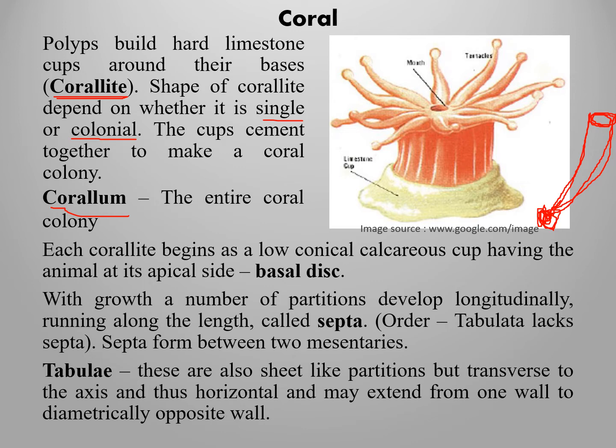These longitudinal calcareous partitions are known as septa. So that is basically a hollow funnel within which some longitudinal partitions, which may be numerous in number, occur within this calcareous cup. These longitudinal partitions, which grow along the length of the coralite, are known as septa.